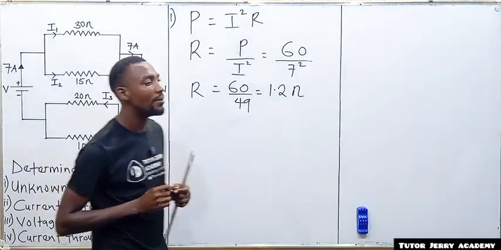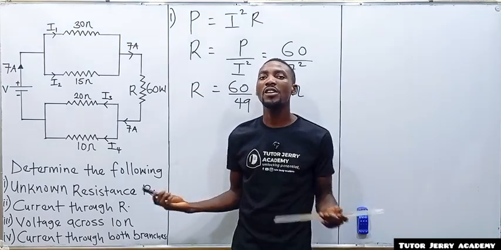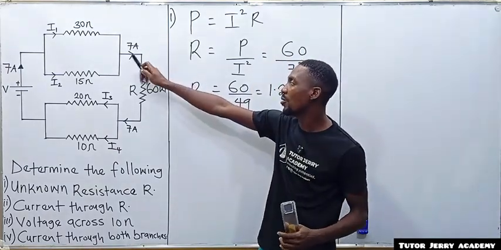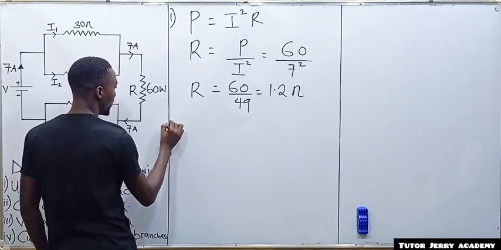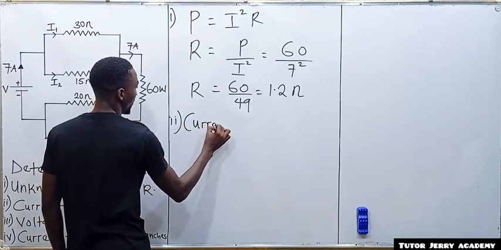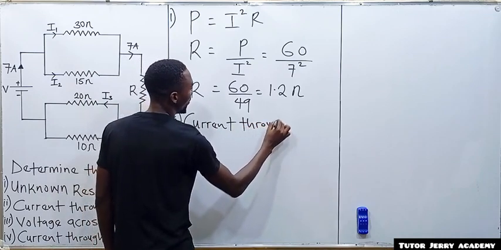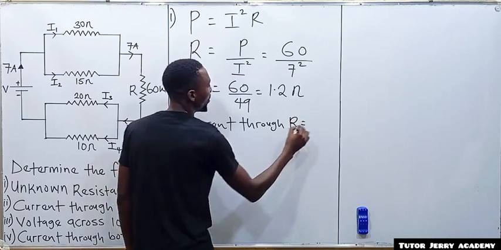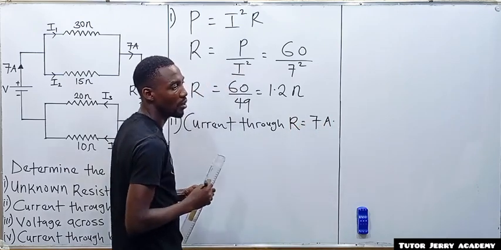Now, the next question asks us to find the current through R. We've already noted from my explanation that the current through R is equal to 7 ampere. I hope you understand that.